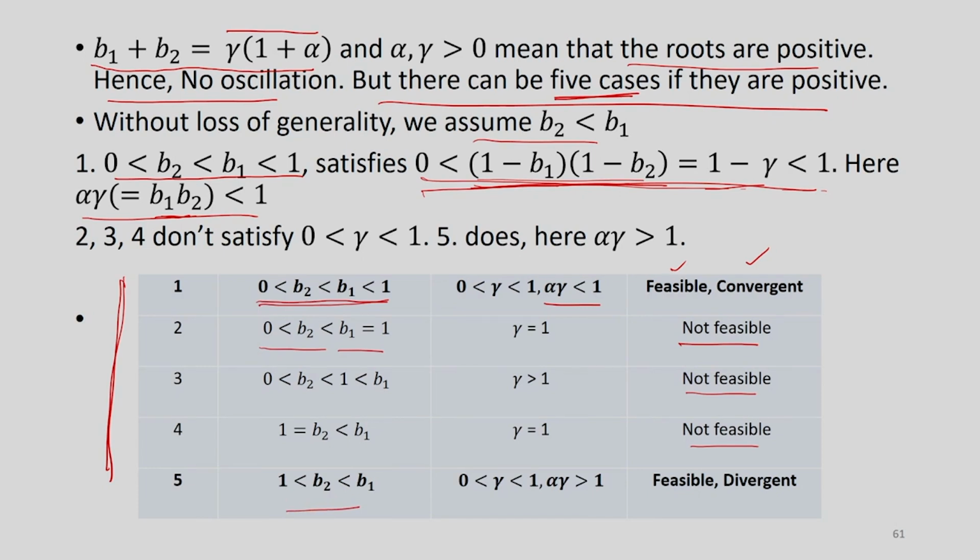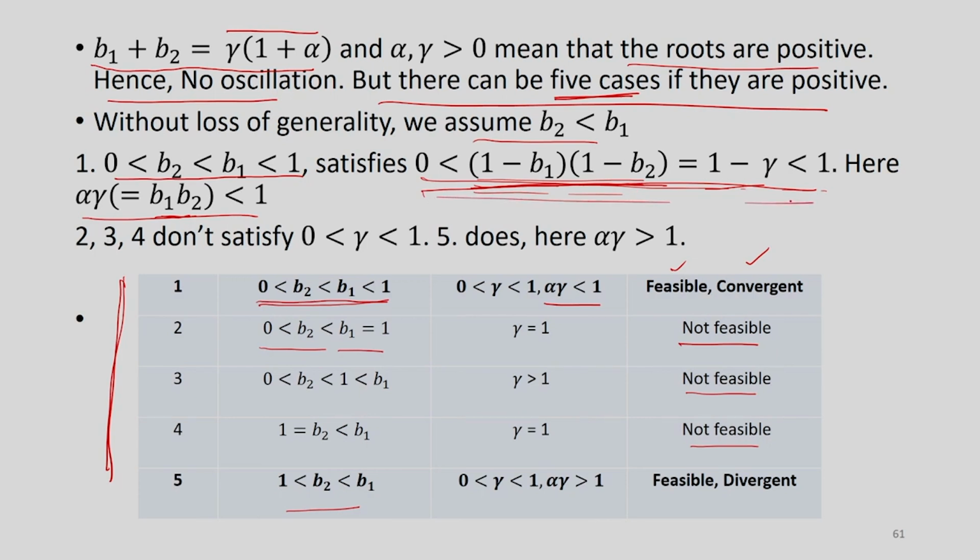Here let us suppose the roots are 1.5 and let us say 1.4, right. In this case 1 minus 1.5 is something negative, and here also there is something negative, but the product of these two might turn out to be satisfying this condition, 0 to 1.